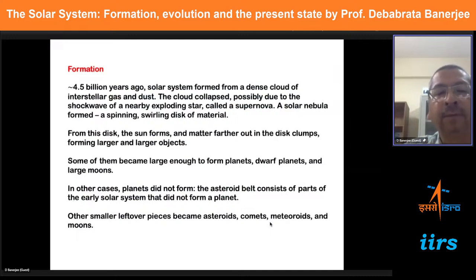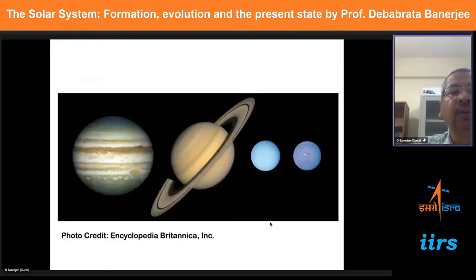There are different asteroids there which one wants to explore to understand, and they store information about the early solar system, because some of them can be linked with meteorites which have fallen on Earth. Then there are other small leftover pieces which become asteroids, comets, meteoroids, and moons.